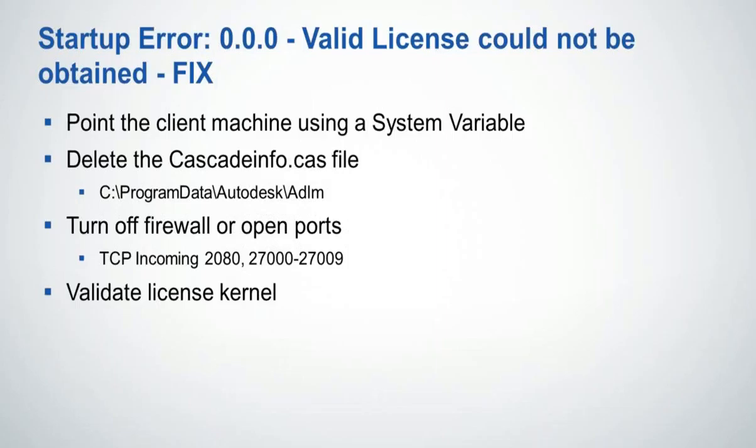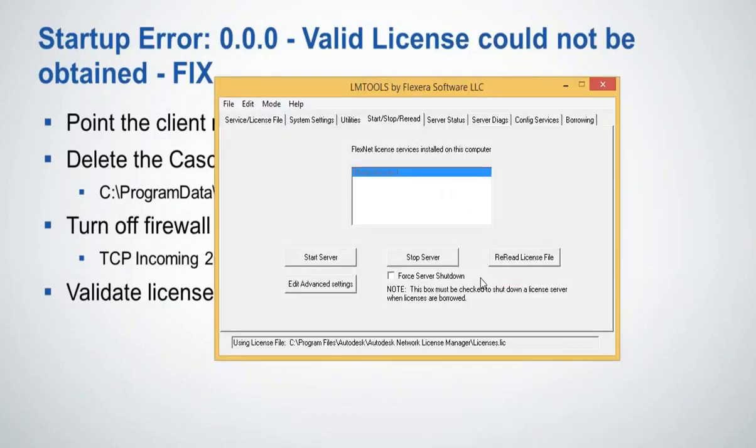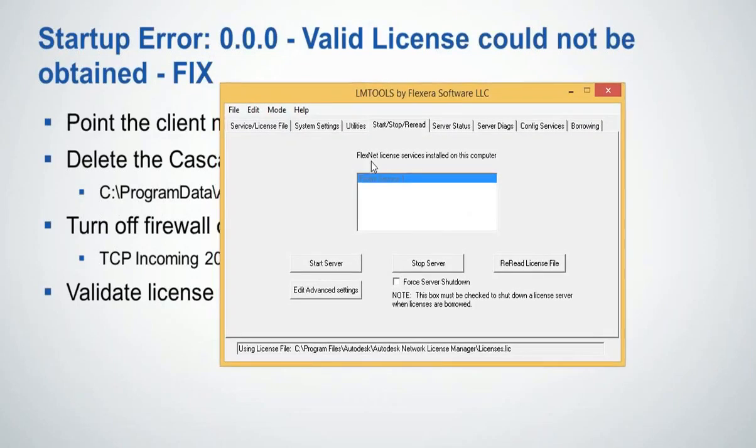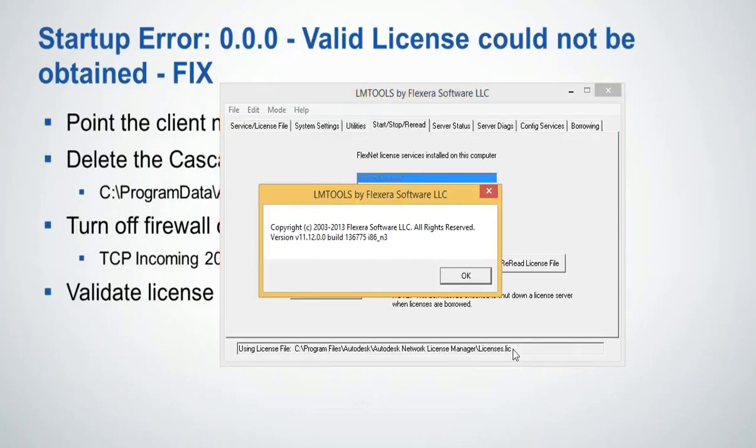And then you want to validate the license kernel. This is a good one to take a look at here. When validating a license kernel, there are a few things you need to do. You cannot just click Help About. All Help About is telling me here is that the interface that we are looking at on the screen is version 11.12. This doesn't tell me that we're running the license kernel for 11.12.